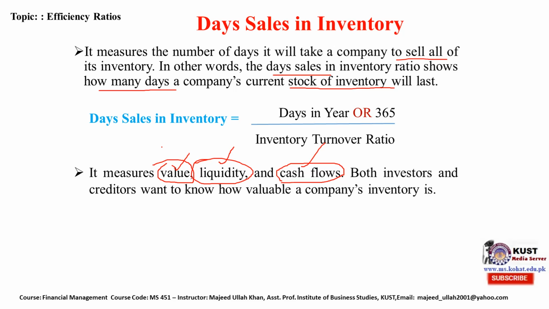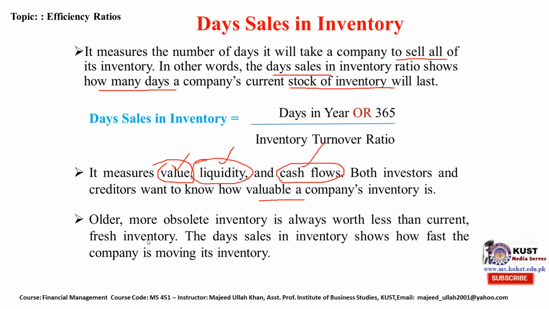Investors and creditors want to know how valuable the company's inventory is. Older, more obsolete inventory is always worth less than current fresh inventory. Days sales in inventory shows how fast the company is moving its inventory and converting it into cost of goods sold or sales.